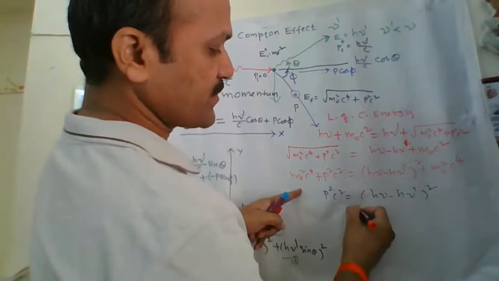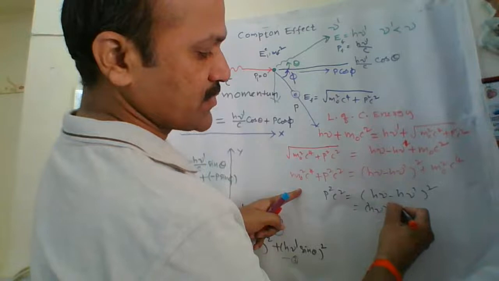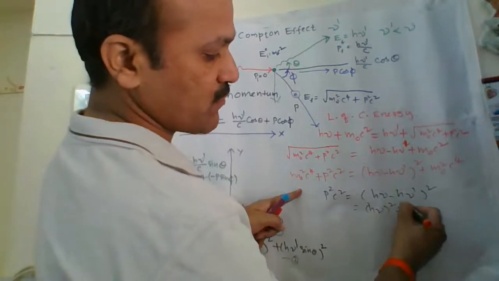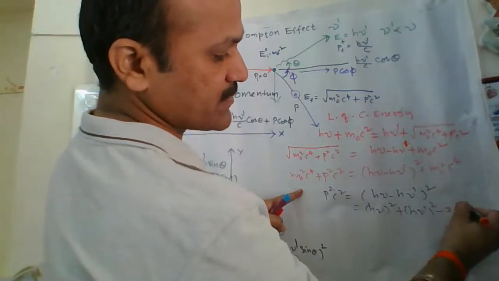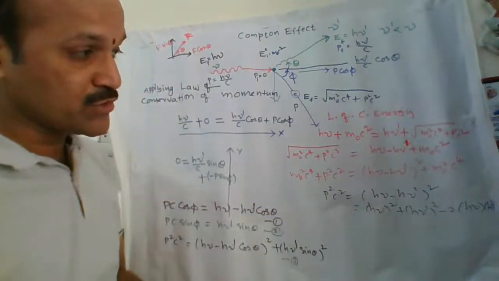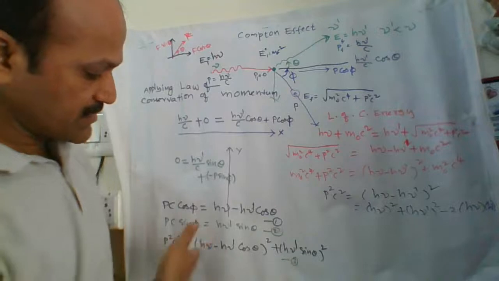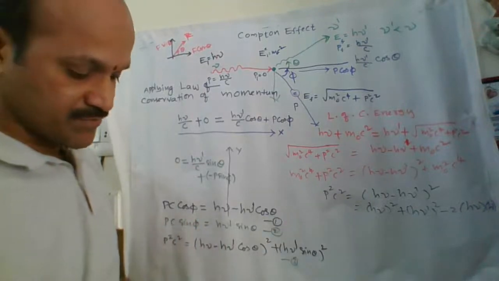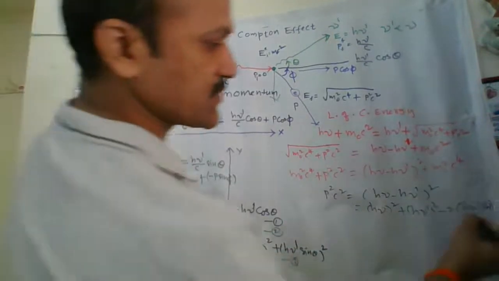This is h nu square plus h nu dash square minus 2 h nu h nu dash. Let us equate both the equations. This is equation 4.